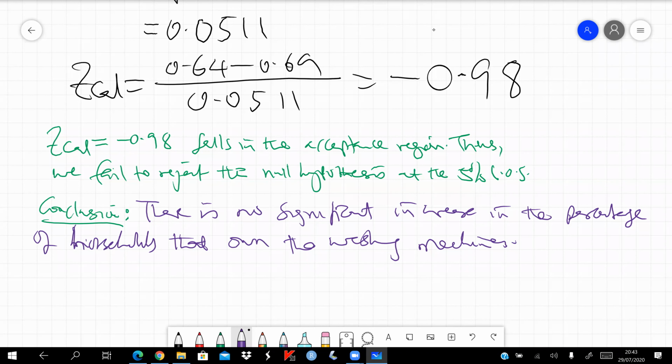It is good for you to note that we were testing hypotheses assuming that we have a large sample, that is n is large, and that the sample is random. Even in the context of proportions, we know proportions come from the binomial distribution, not from normal distributions.